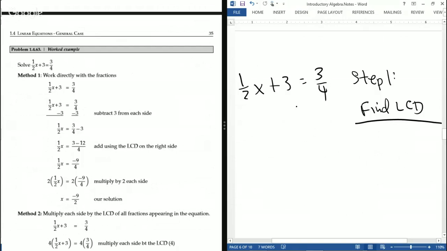So what would the common denominator be? What could I change them both into so that they both be the same? I can change both of them into 4. This one is already 4, so I don't have to change it at all. The LCD is 4. And so what I can do is multiply both sides by the LCD.